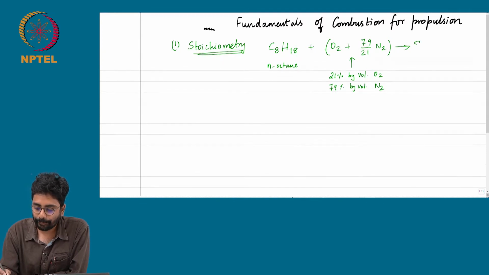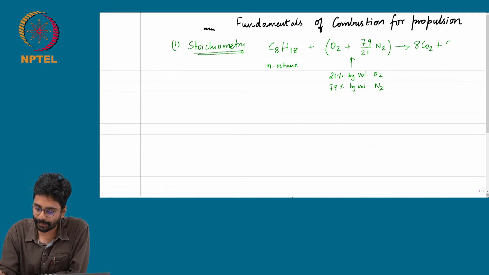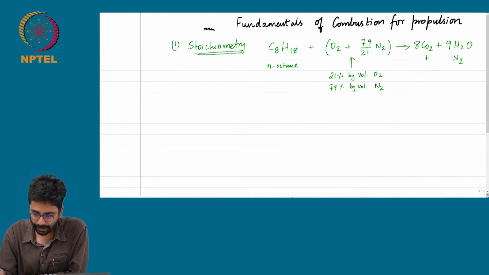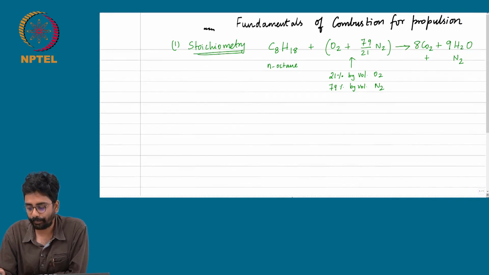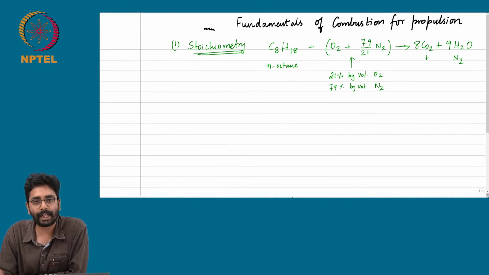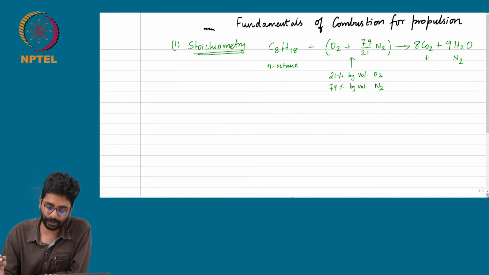A stoichiometrically balanced reaction for octane should result in 8 moles of carbon dioxide and 9 moles of water vapor, plus whatever nitrogen is left. To balance this reaction we need 8 moles of diatomic oxygen and 4.5 moles of diatomic oxygen for the steam part.